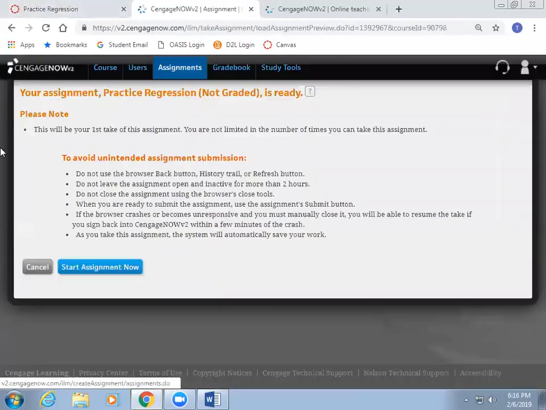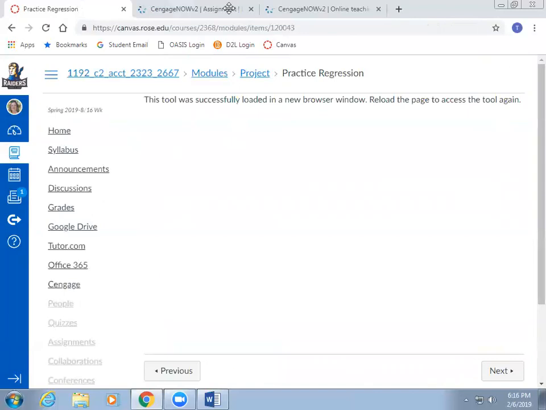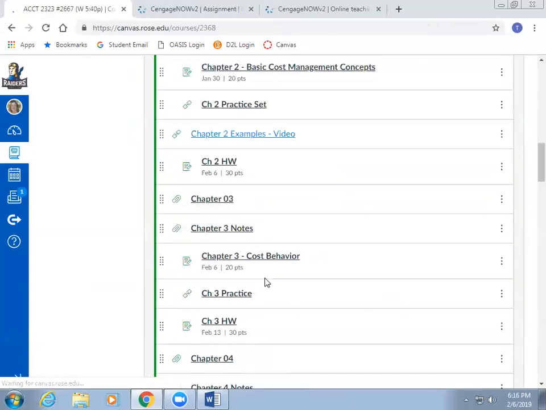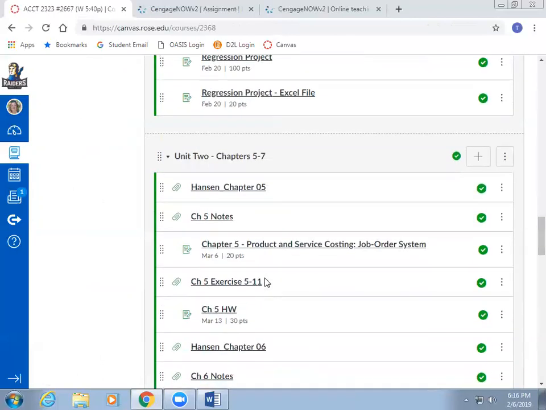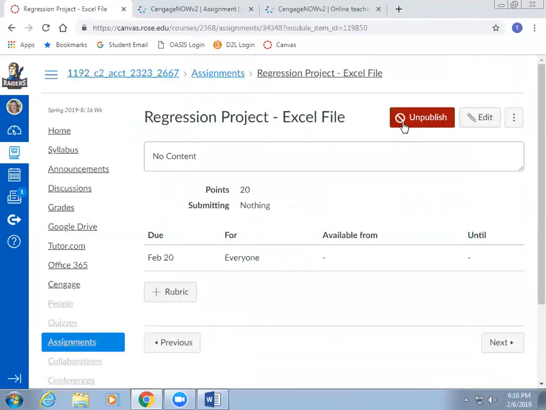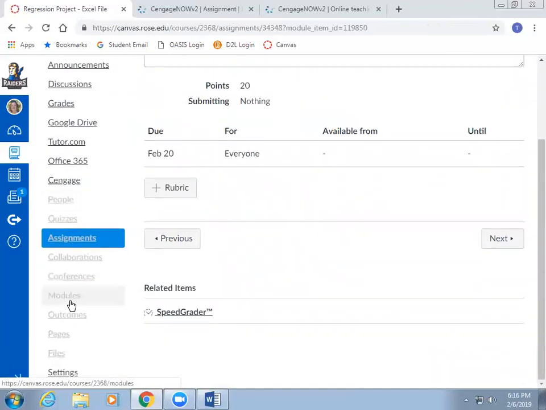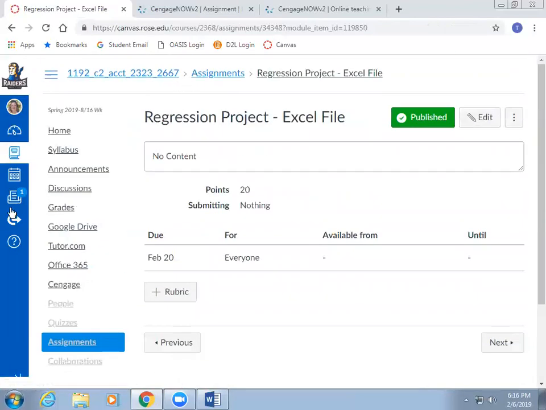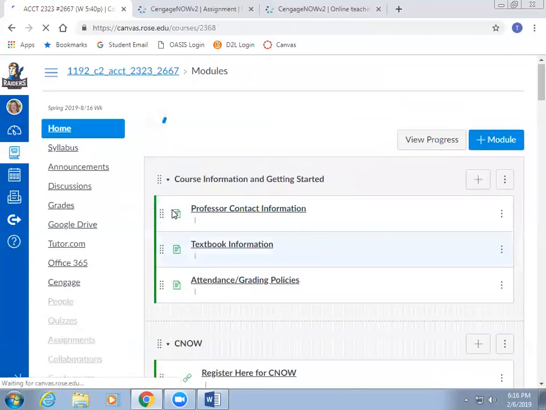Oh wait, that's the wrong one. I don't think I put the file out there yet. Hold on. It's okay. Once I remember where I put the file, bear with me.